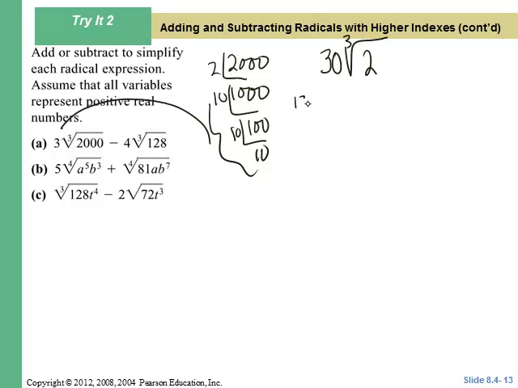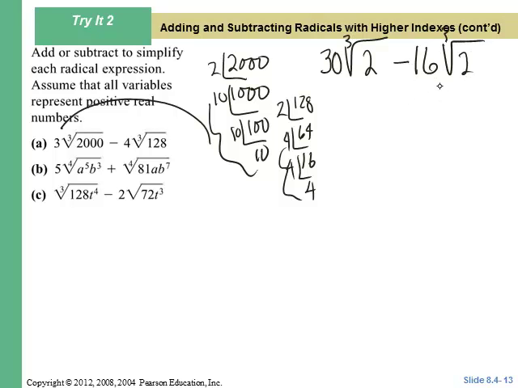And then 128 divided by 2 is 64, divided by 4 is 16, divided by 4 is 4. Another 3 4s on the outside, but there's already a 4 there, so 4 times 4 is 16 cube root of 2. 30 minus 16 is 14 cube root 2.